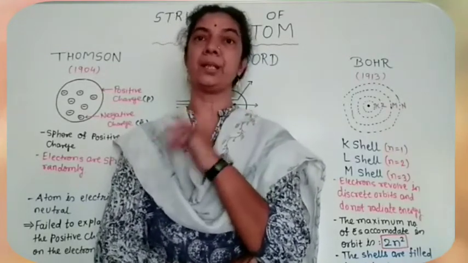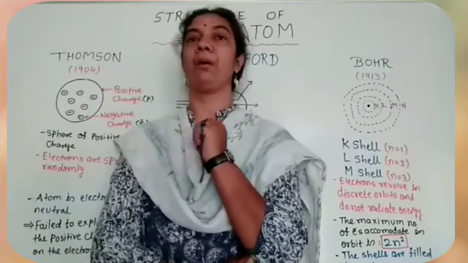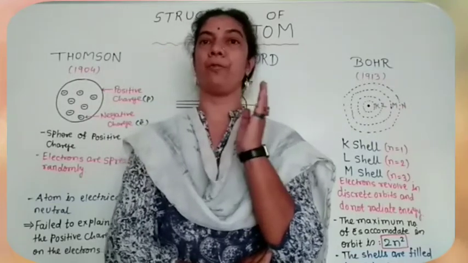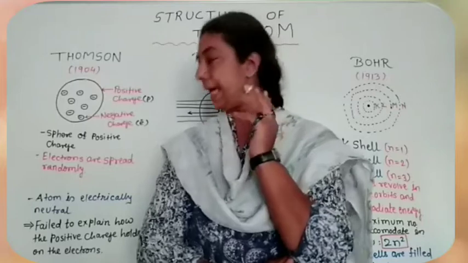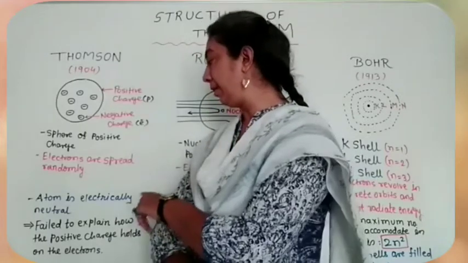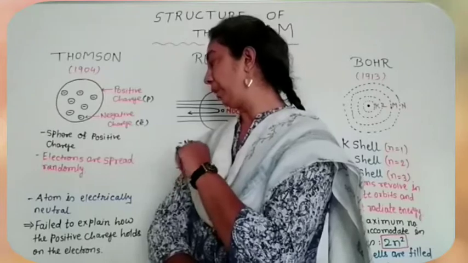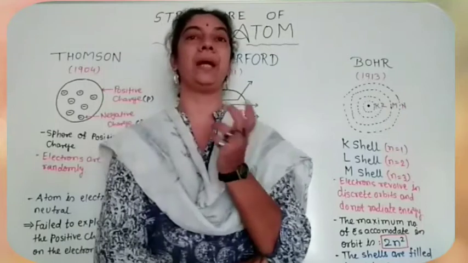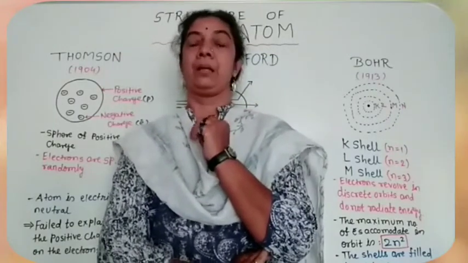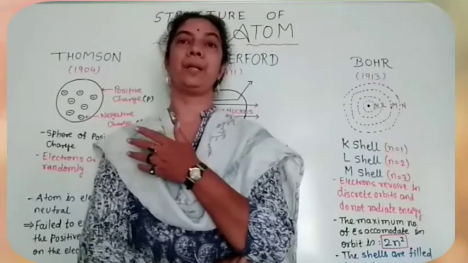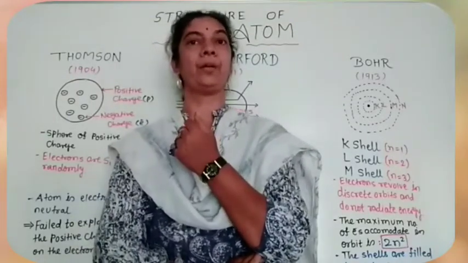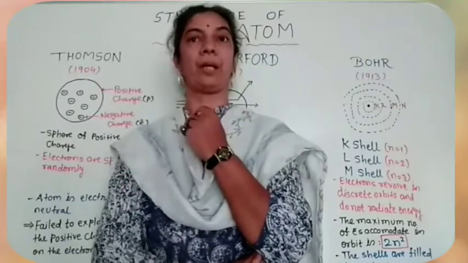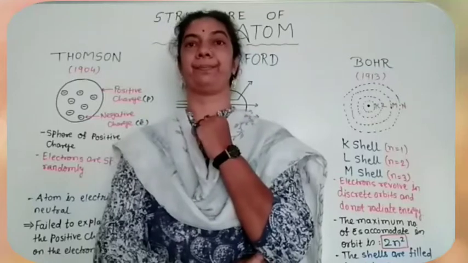But besides this achievement, his model failed to explain the properties of elements, as well as how the positive charges hold the electrons inside the atom. The conclusions of the experiments of other scientists also failed to follow this model. So this model has been rejected.